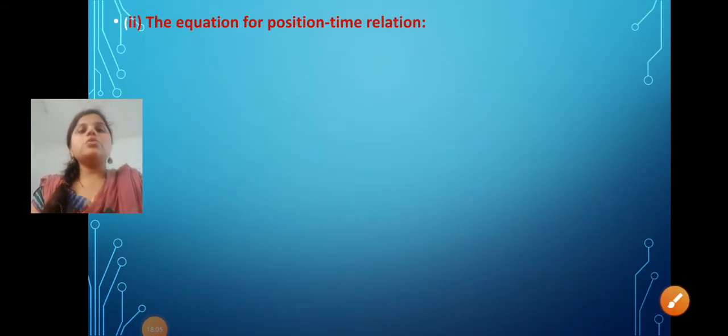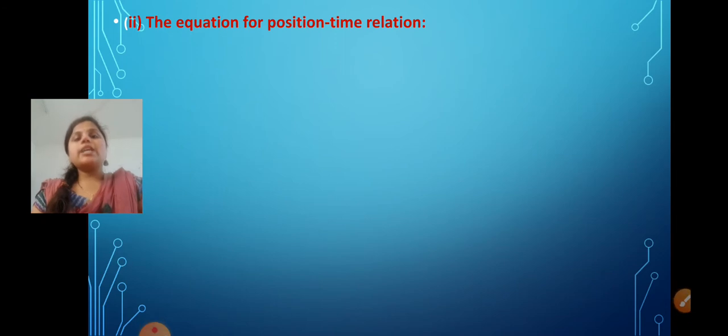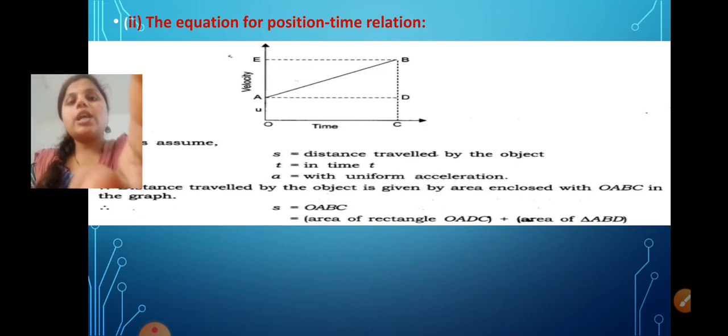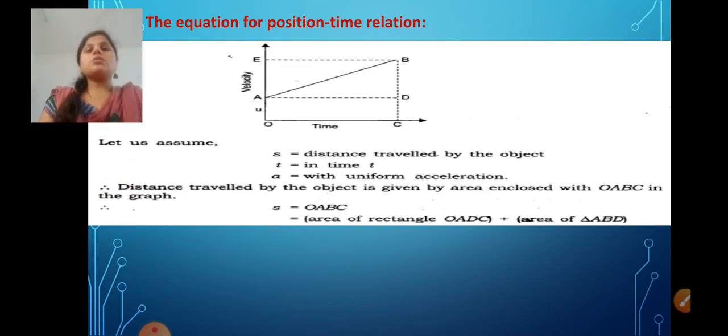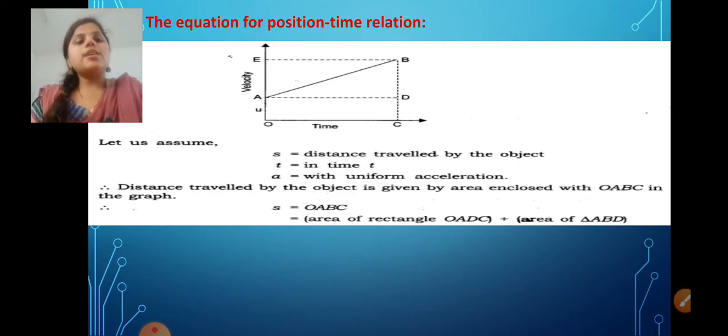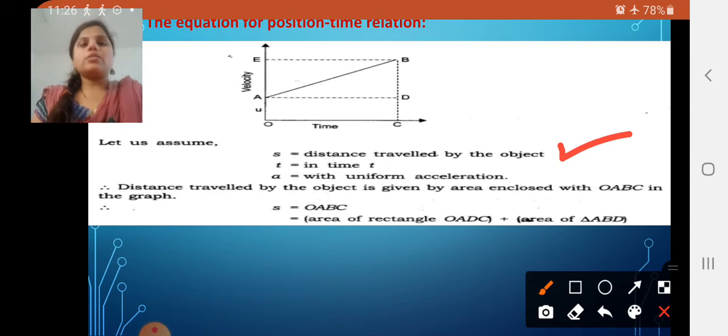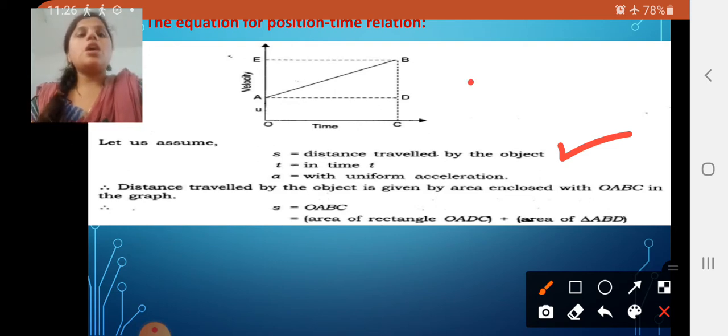Now we are going to talk about the position time relation. For this also we have a similar graph, but here the identities are changed. Let us assume that S is the distance travelled by the object, which means the object is travelling from one position to another position.